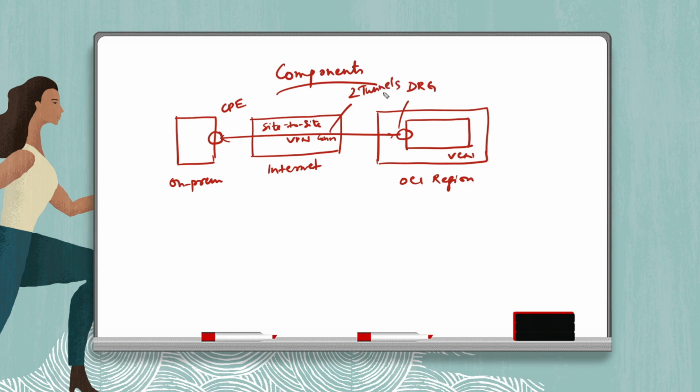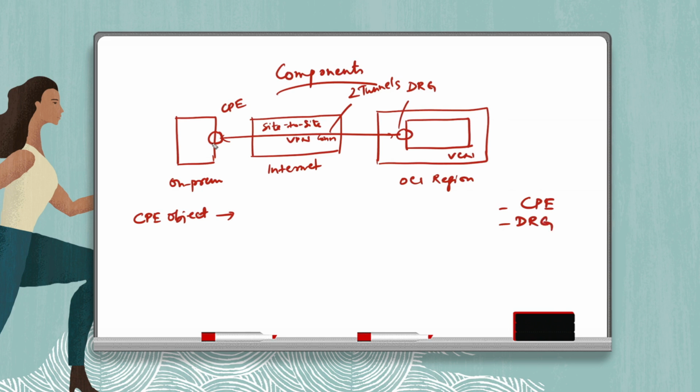There are a couple of things that I quickly want to talk about. The first thing is CPE, and I will specifically talk about the CPE object. When you create a site-to-site VPN connection, you need to provide a CPE object. You need to provide the dynamic routing gateway.